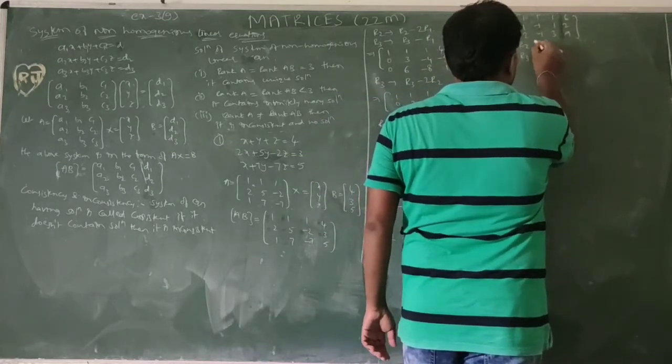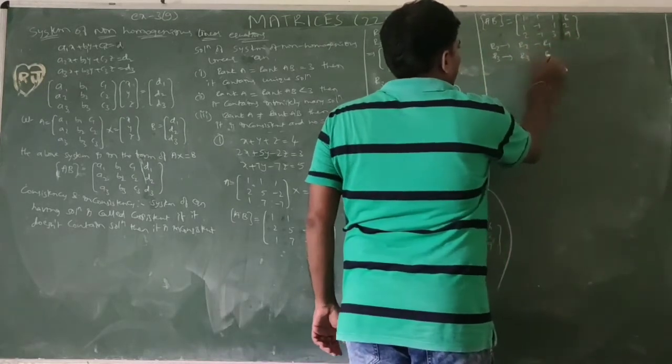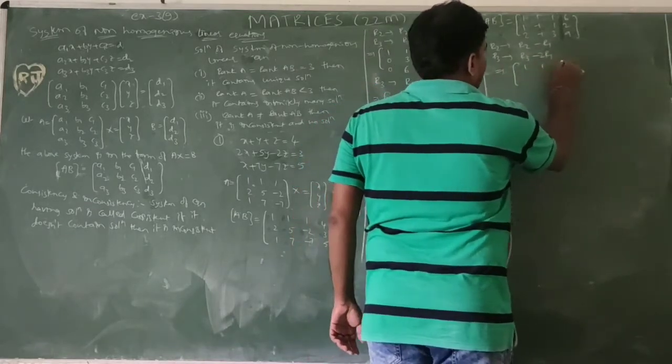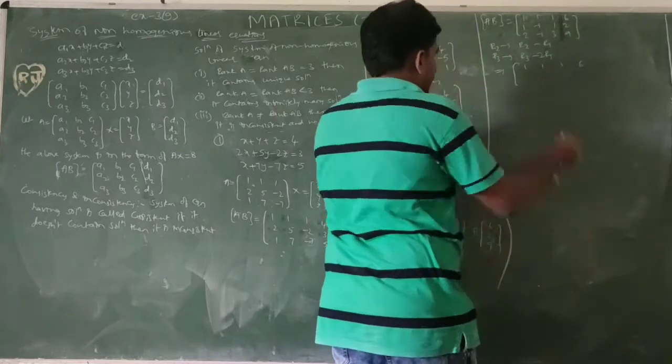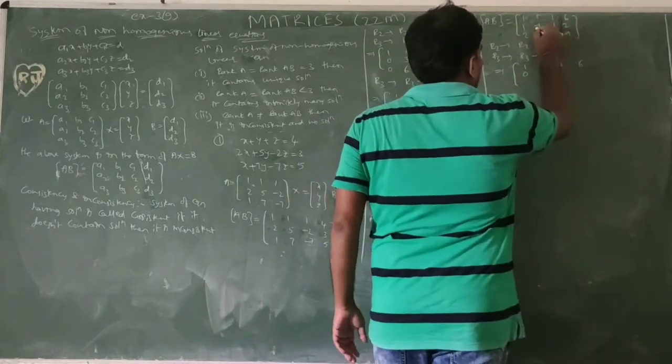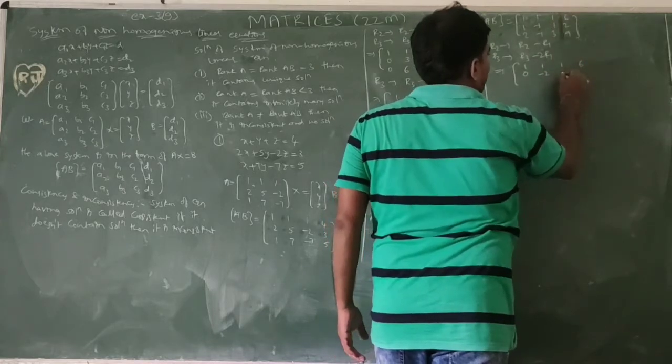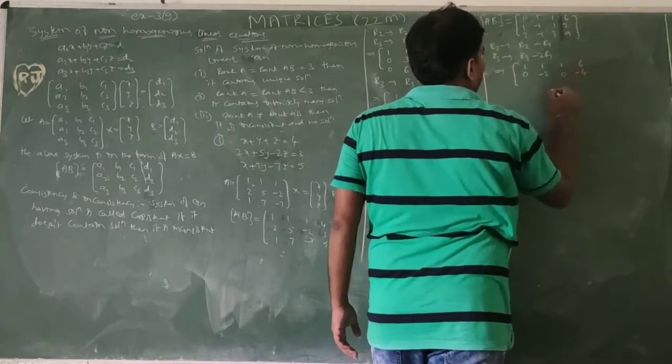R2 changes to R2 minus R1: 1 minus 1 is 0, minus 1 minus 1 is minus 2, 1 minus 1 is 0, 2 minus 6 is minus 4.